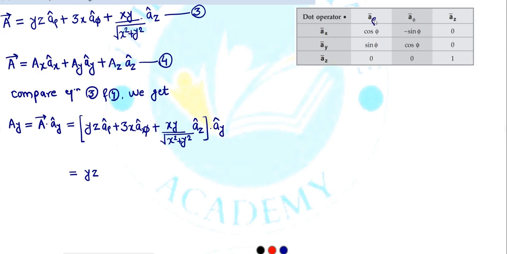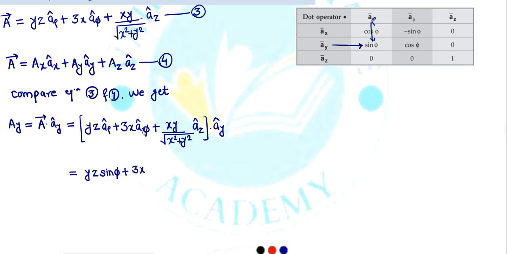So what is the dot product in between that arrow and ay? So this is what we have, that arrow, having the dot product with respect to ay. So which is what? Sine phi. So we have that value to be sine of phi plus this 3x will be as it is.